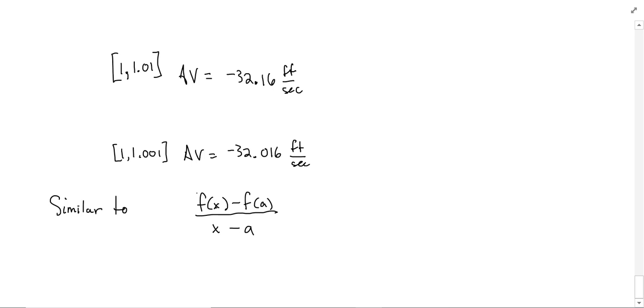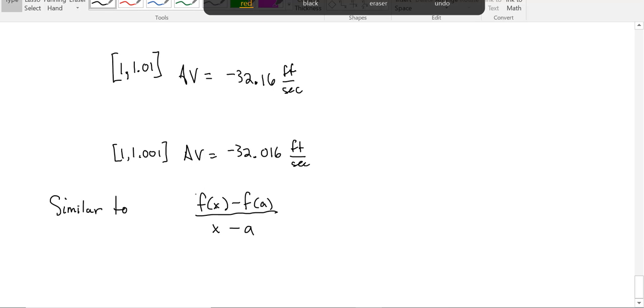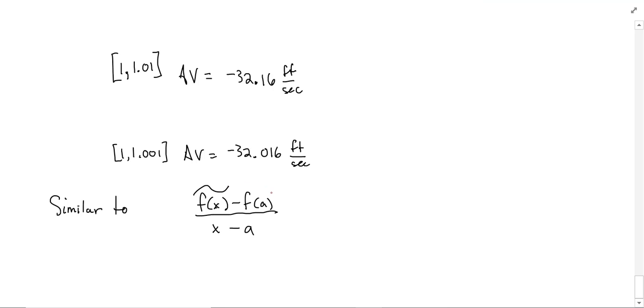So this numerator is a change in the output, this is delta f, let's say, and here we have the change in the input, delta x. This is the same sort of thing we're doing. It's just that now the function f is the position function.